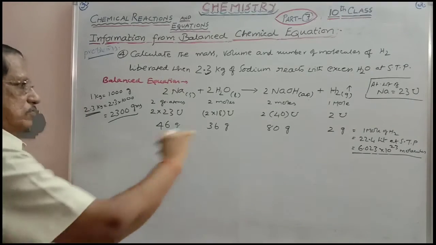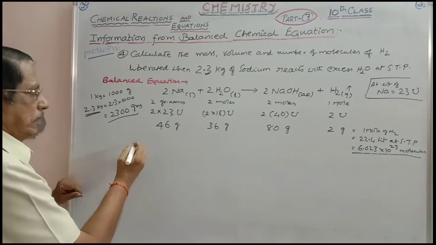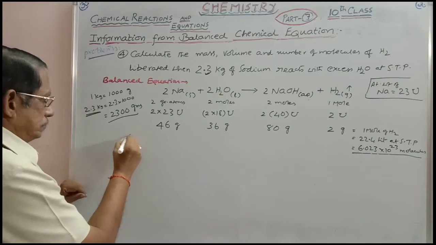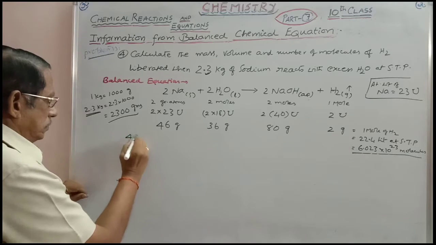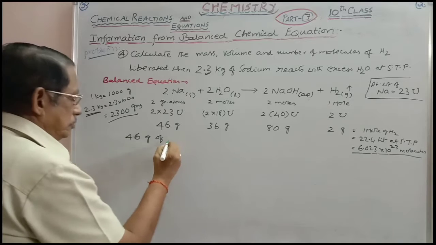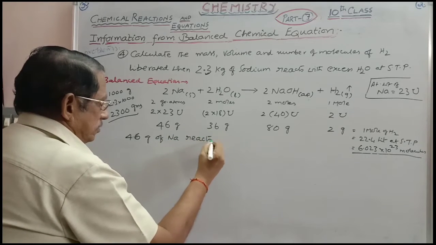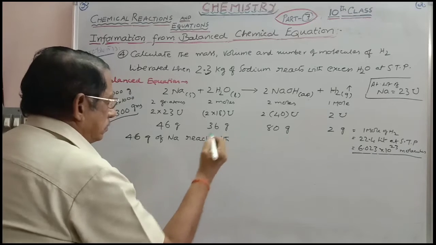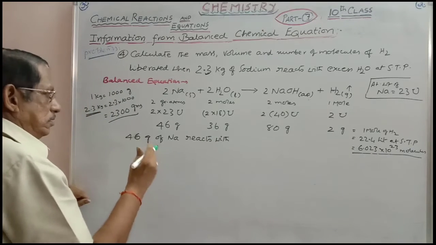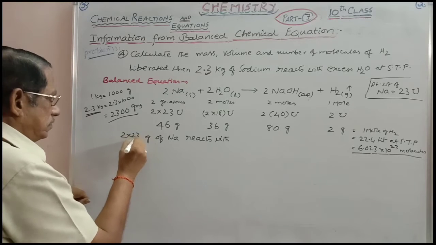There are several ways. First, let us calculate the weight-weight relationship. So here, 46 grams of sodium reacts with, or even you can write it here 2 into 23 for calculation purpose, that is all.